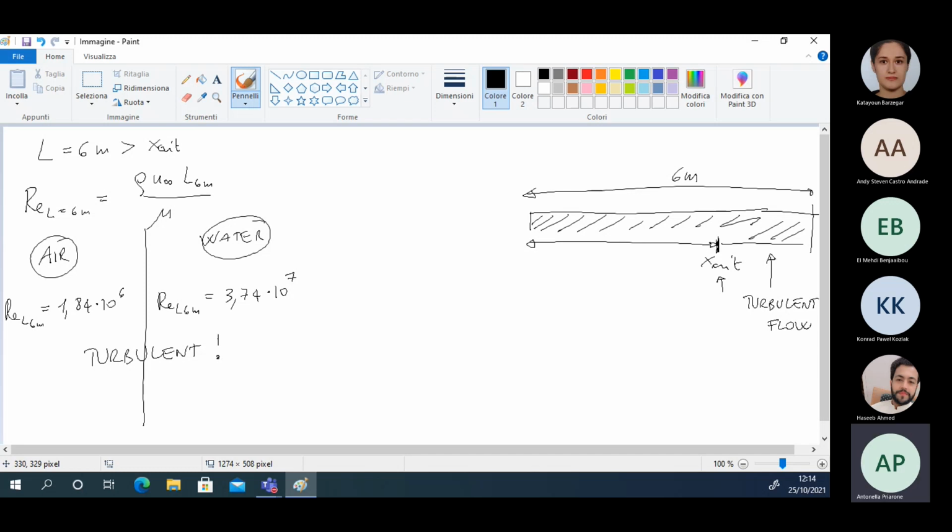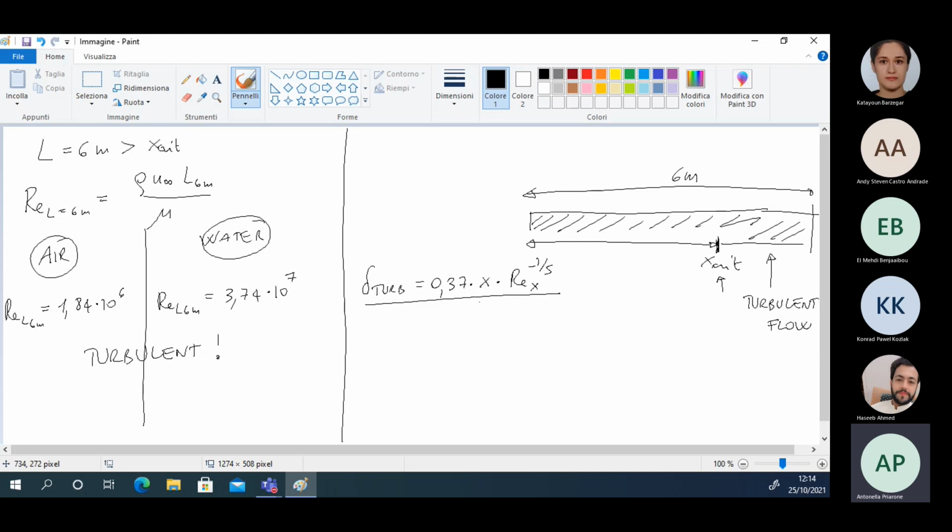And we want to evaluate the thickness of the boundary layer. So, the thickness of a boundary layer for turbulent flow is equal to 0.37 times x times Reynolds x to the minus 1/5. This is the general correlation.